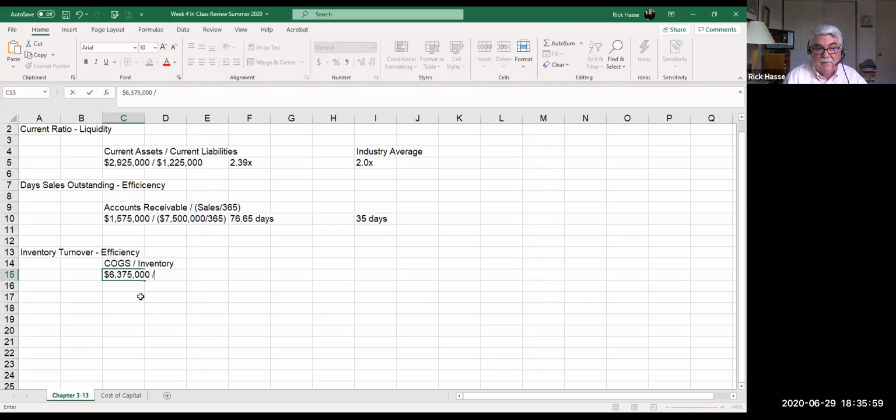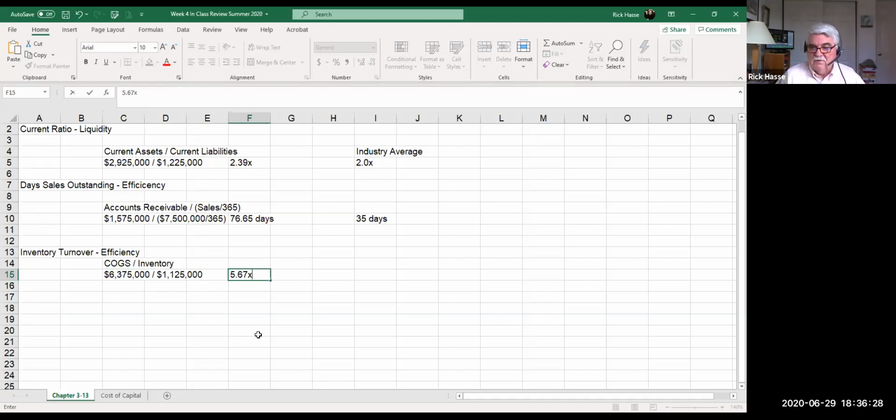And I divide that by my inventory balance at the end of the year, $1,125,000. So how many times has this inventory turned over in relation to how much inventory we purchased during the year? 5.67 times. We've turned over the inventory almost 6 times.